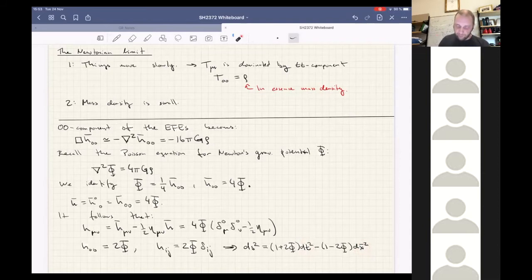So we end up with this small perturbation, and of course here's where the requirement that the mass density is small comes in. That we should have a small enough Newtonian potential for this to actually be a perturbation of the metric. So this is the weak field stationary limit.